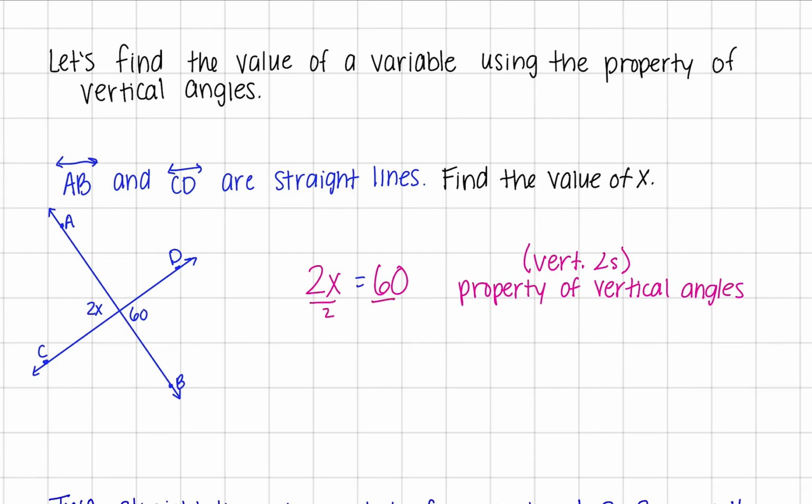Divide both sides by 2. X equals 30. Okay? And that's it. Isn't it great when we know that vertical angles are congruent?